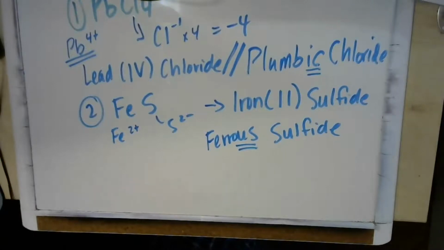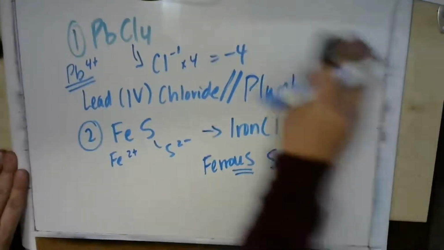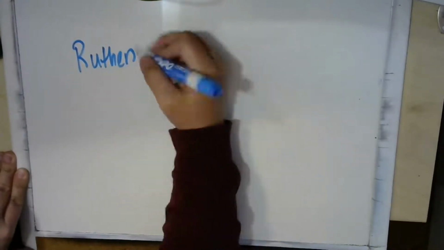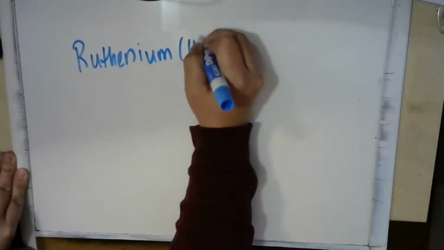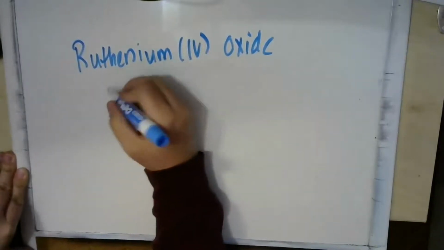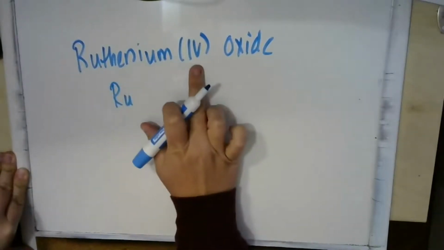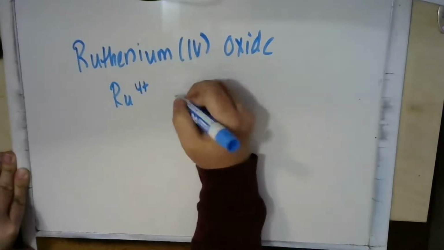The final question was write the formula for ruthenium-4 oxide. So to write out the formula for ruthenium-4 oxide, we have to pull out the charges of the anion and the cation. Okay, in this case, this is easy because they're telling us the charge on the ruthenium. And the oxide is O2 minus.